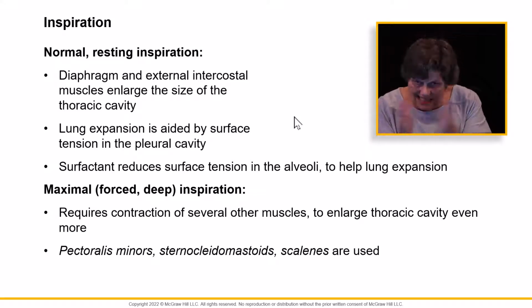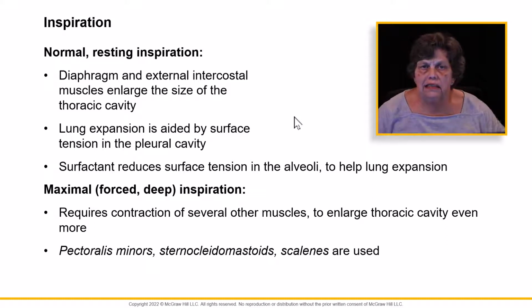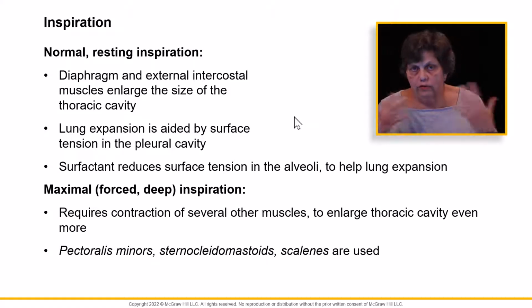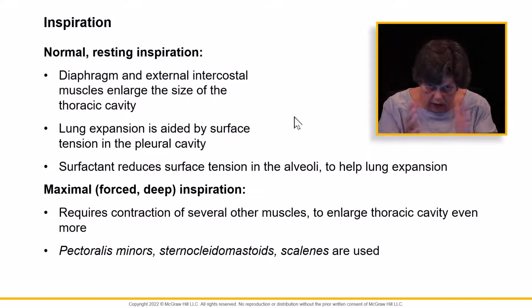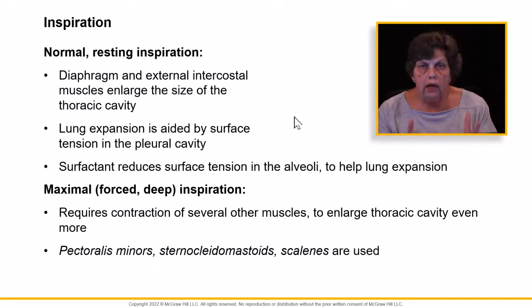So you hear that stickiness? So when you have a fluid, it has a tendency to stick together because of the surface tension of the water. What surfactant does is lay over that moisture and reduces the surface tension, so it makes it easier for your lungs to expand, okay, to get away from each other. Otherwise, they would collapse down, and it would take a lot of force to open the airways.